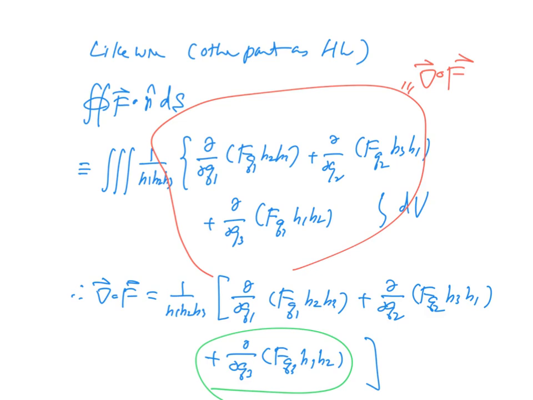So for your reference, next page. So it's easy to remember. So let's just try it once again together. Divergence of F is you divide by H1, H2, H3, common factor.